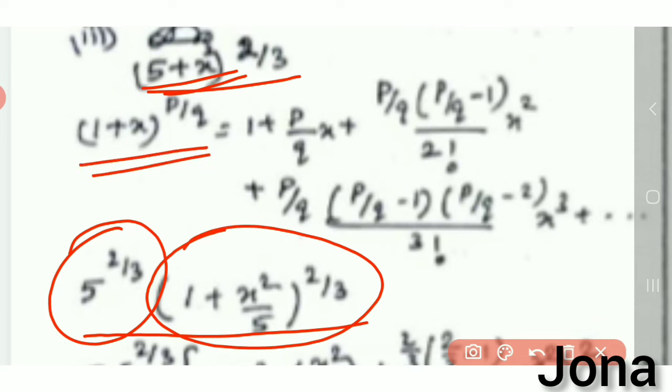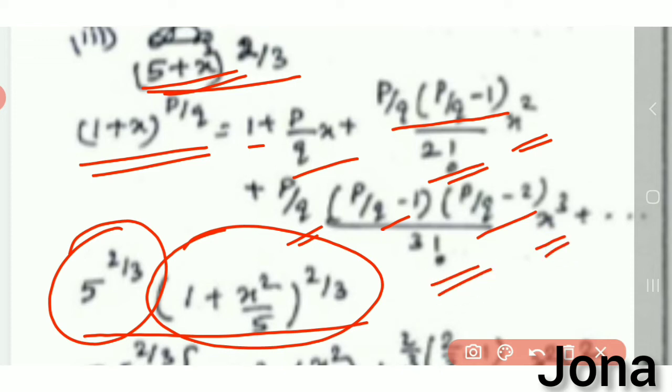This is the formula, (1 + x)^(p/q), that is nothing but 1 + (p/q)x + [(p/q)(p/q − 1)/2!]x² + [(p/q)(p/q − 1)(p/q − 2)/3!]x³ + etc. So this formula I want to apply for this bracket (1 + x²/5)^(2/3).